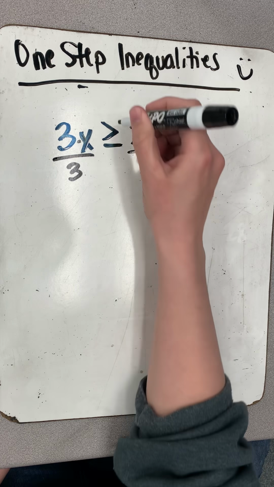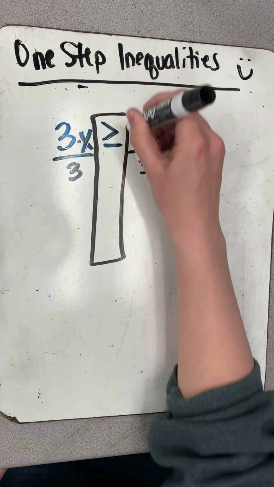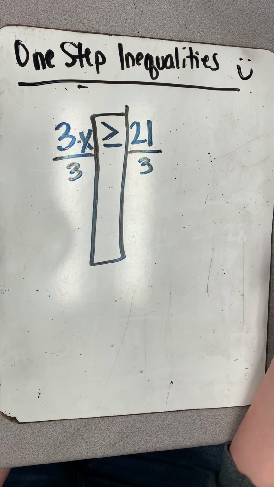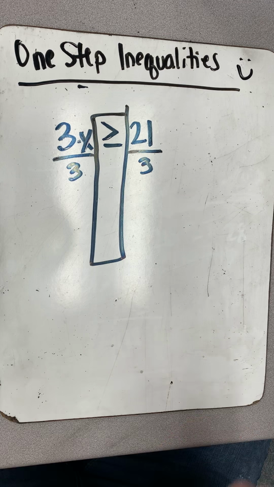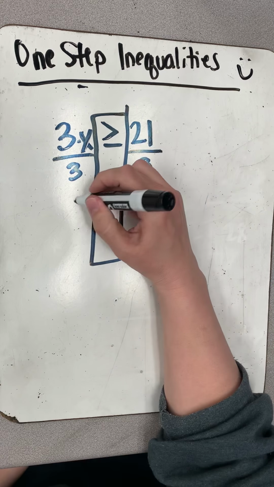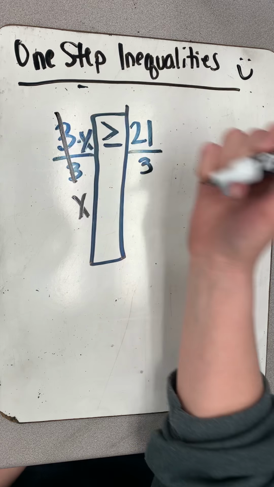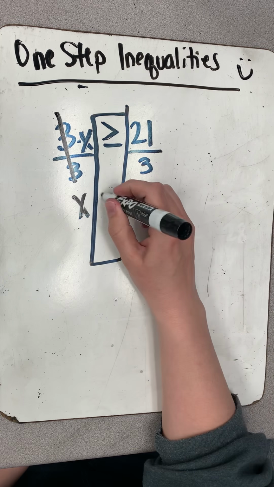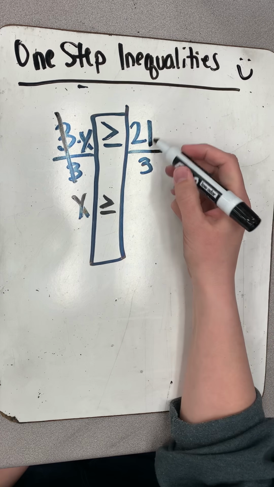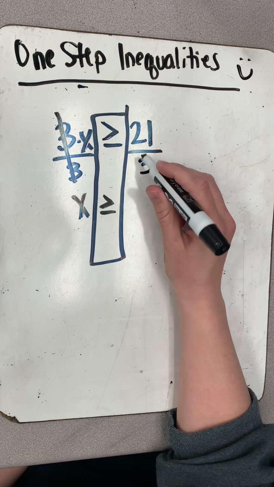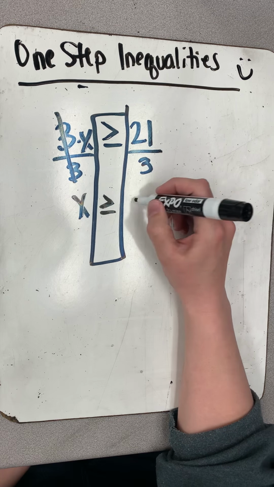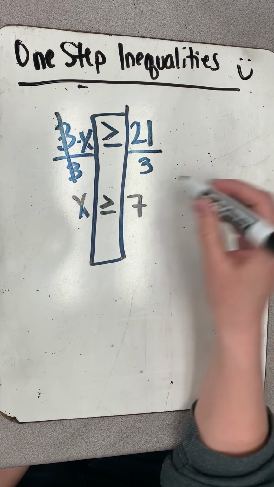So over here I will divide. This is really my equal to sign. It's my inequality sign. It's telling me what my answer means. So 3 divided by 3 is 1, so I just have 1x. And 21 divided by 3 is 7. And then I could graph that.